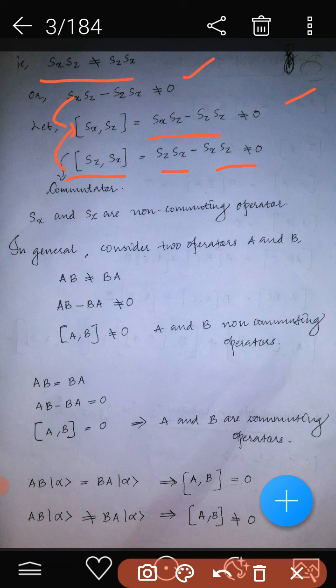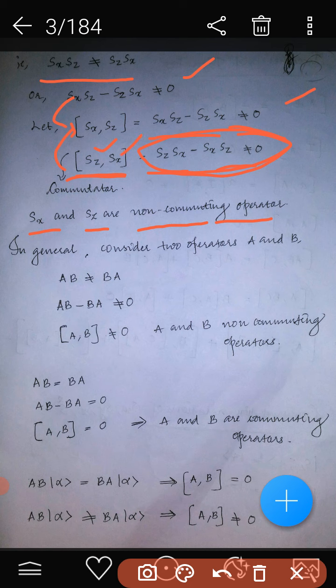Similarly, [Sz, Sx] = SzSx minus SxSz, which is not equal to 0. These are commutators. If this is not equal to 0, it means Sx and Sz are non-commuting operators. If it is 0, they are commuting operators. Here, Sz and Sx are not commuting operators.